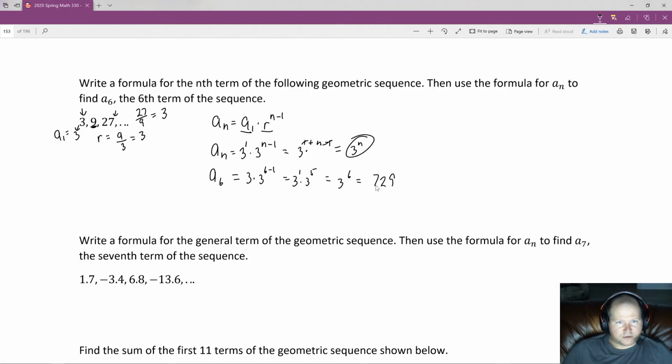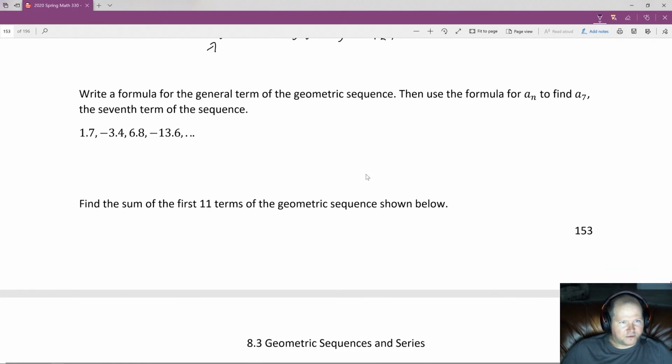Okay, so we have our general formula, which was this one right here without simplification, or we could have used this one if we want to simplify a little bit. And then we found the 6th term in the sequence for this.